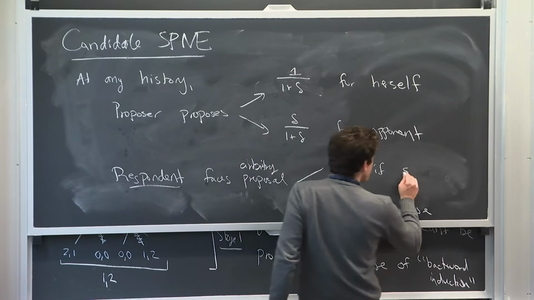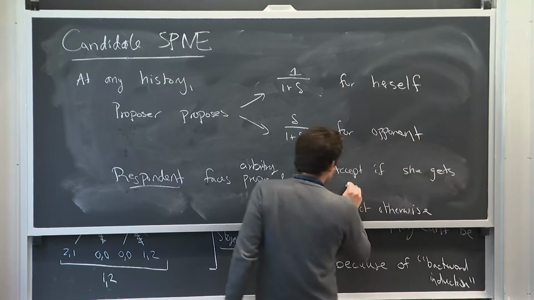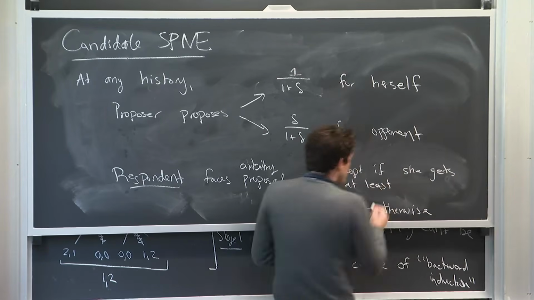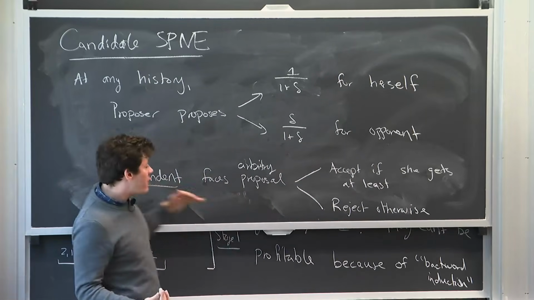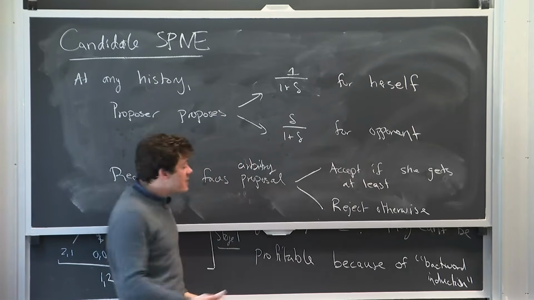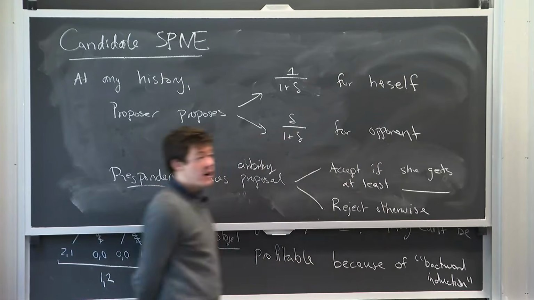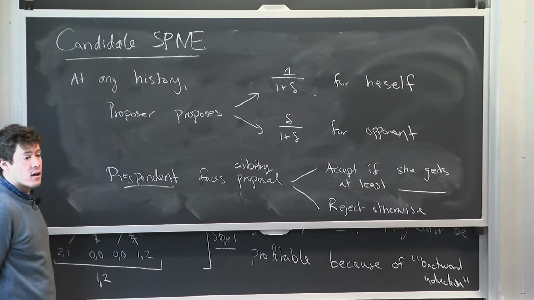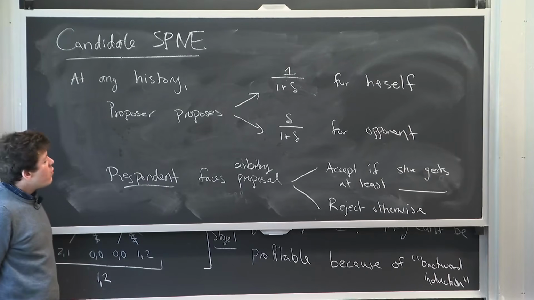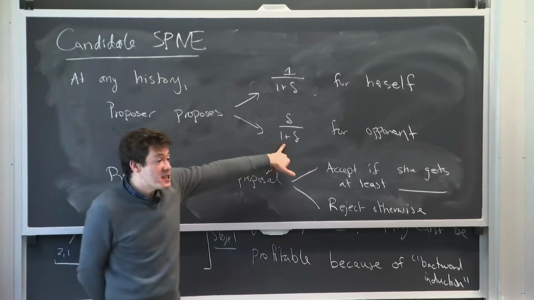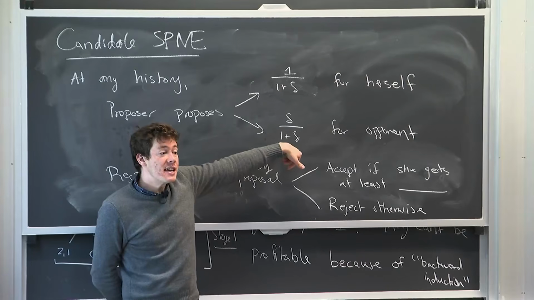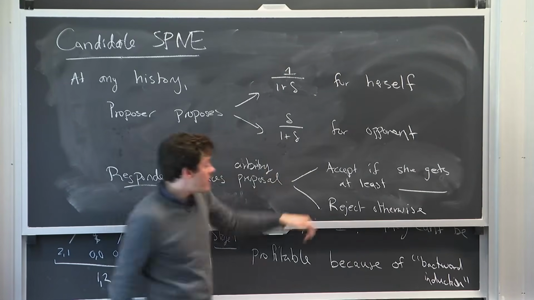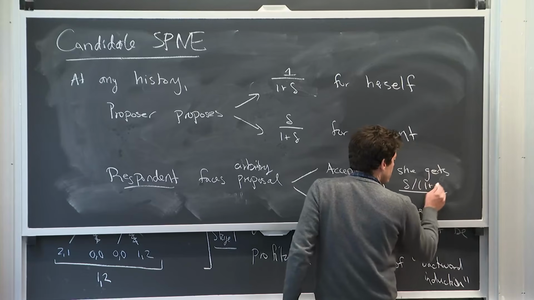Except if she gets at least what? There's some offer that's made, and the offer specifies a utility for both players. What the respondent cares about is the utility that she's offered, and she gets at least what? What is the critical value she's going to need to get? Any thoughts? Well, in this equilibrium, the proposer is giving this much to the other player. Why are they giving the other player this much? That's the least they can give them that they'll still accept, right? So it's exactly going to be delta over 1 plus delta.